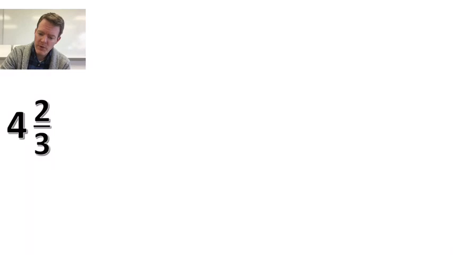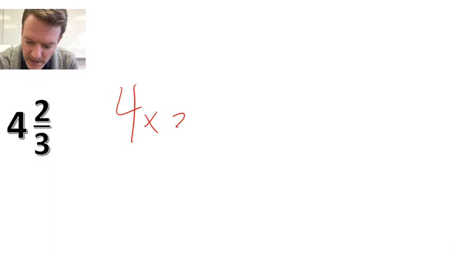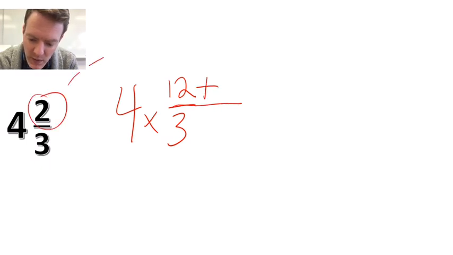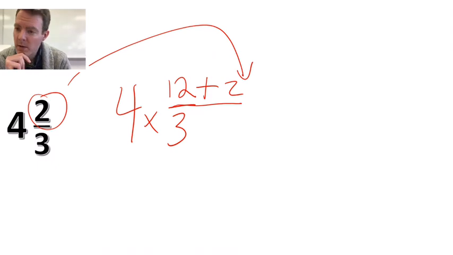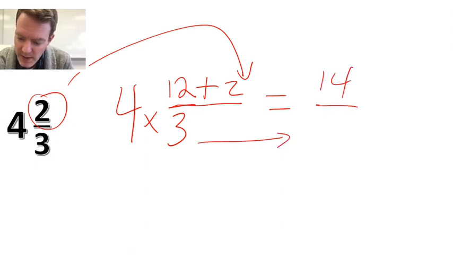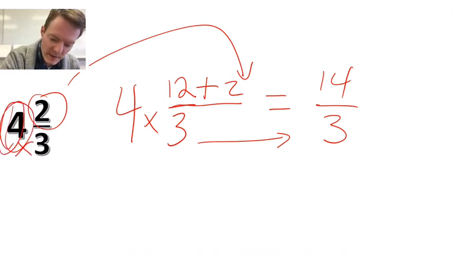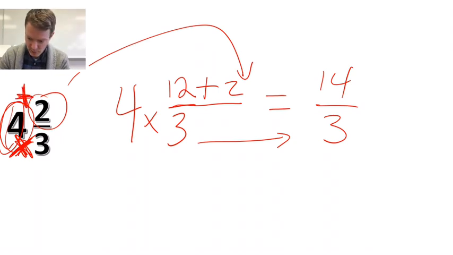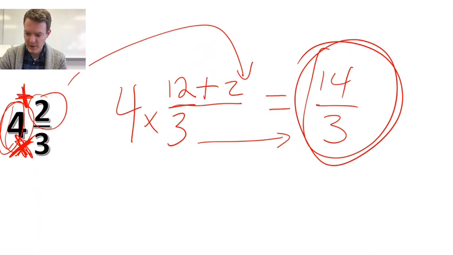Now, in elementary school, you were taught to do this by first multiplying your denominator times 4 and getting 12, and then adding that onto how many thirds you already have. So that's how we get 12 plus 2 is 14, and then we keep the denominator the same, which means there are 14 thirds here. We got 12 from 4 times 3, and then plus another 2 makes 14 thirds. So that's the improper fraction.